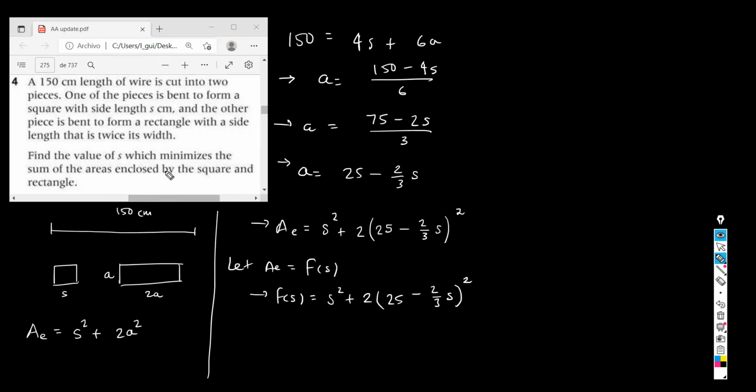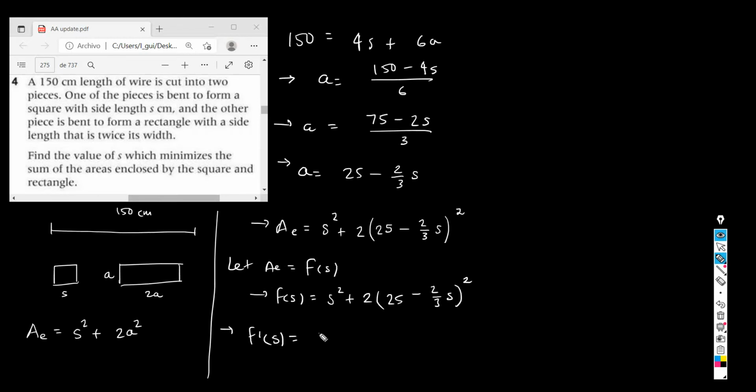All right, and then once I have it like this, I can go on and actually solve this question. Find the value of S which minimizes the sum of the areas enclosed, which is this function. So I need to minimize this function in the same way as we have done before. So let's get the derivative.